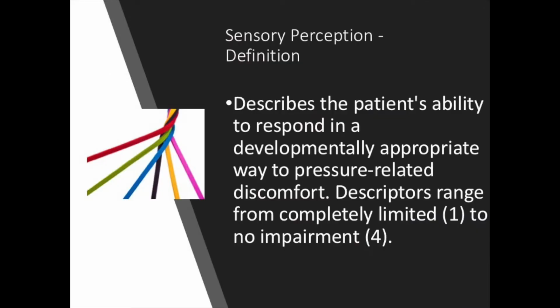From my experience, even when I'm dealing with caregivers at houses, there is no difficulty for people to agree if the patient is at 1, which is completely limited, or 4 with no impairment, but they have some differences in the points in the middle.